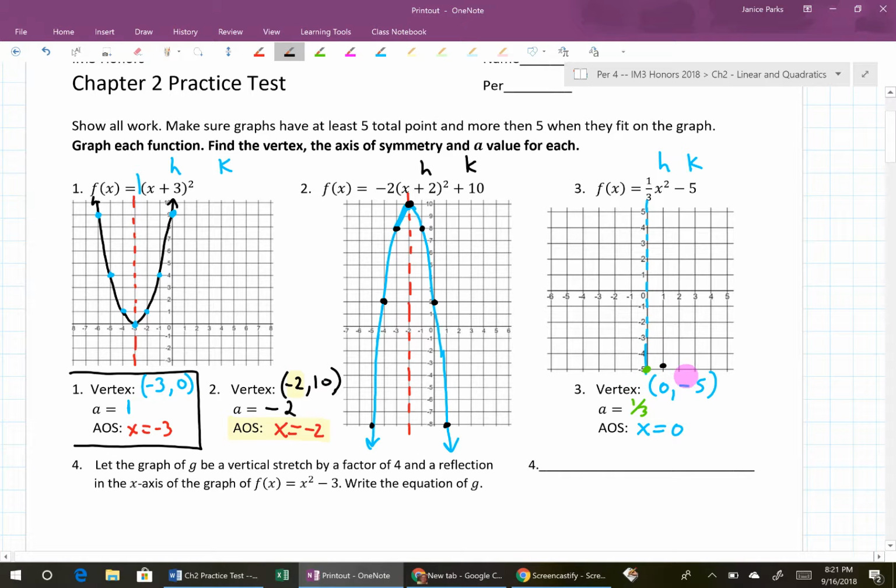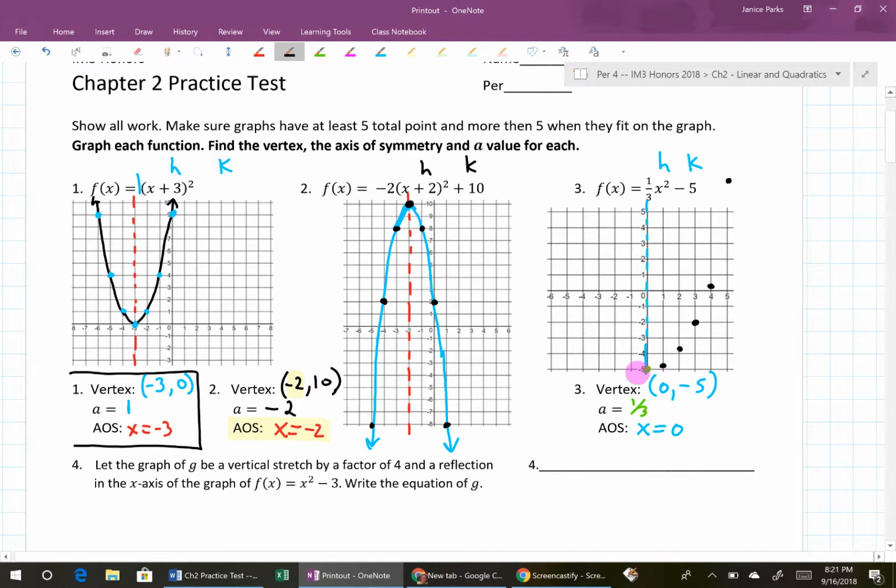Over 2, normally you go 4. 4 divided by 3 is 1 1/3. Next one's 3. 9 divided by 3 is 3. Next one would be 16, because 4 squared is 16. 16 divided by 3 is 5 and 1/3. And then 6 squared is 36. 36 divided by 3 is 12.